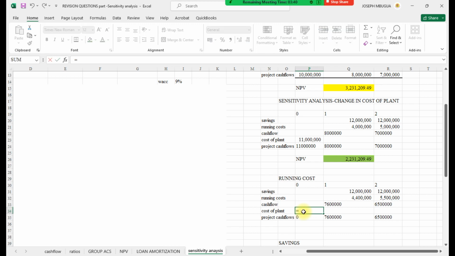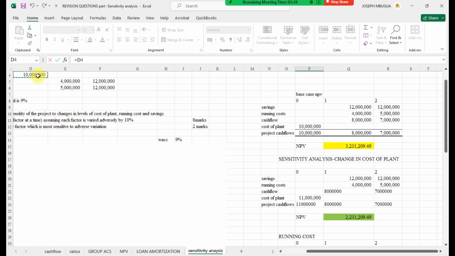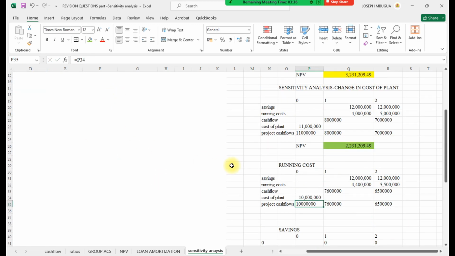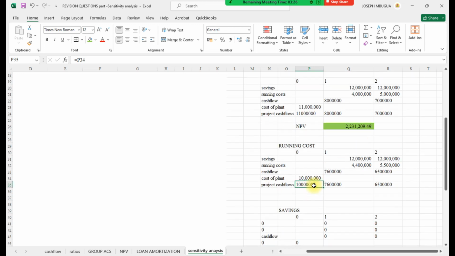The initial remains constant at 10. The initial will not change, and that's why we are saying we are varying one variable at a time. Here the variable that we are varying was the cost of plant, the others were constant. Here we are varying the running cost, the others are constant.